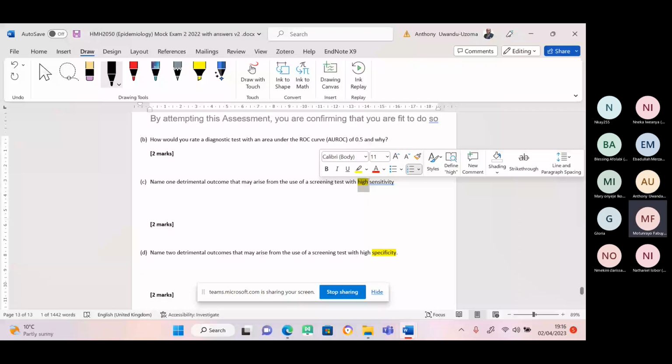If they are getting positive for all the tests, there will be false positives. That's false positive. Good. So you can see that.